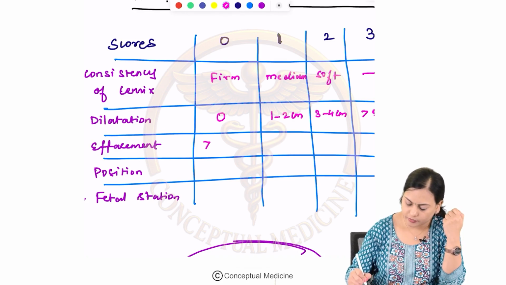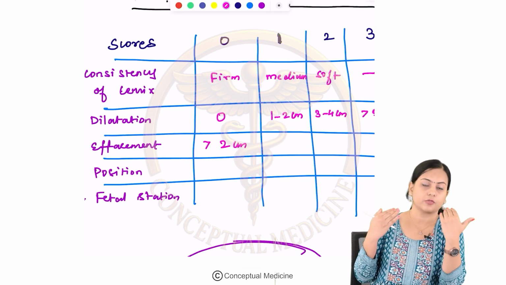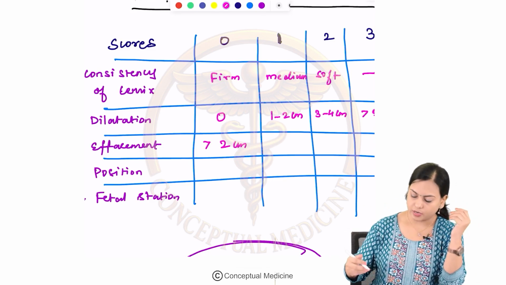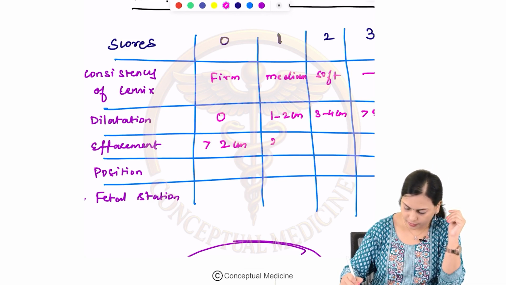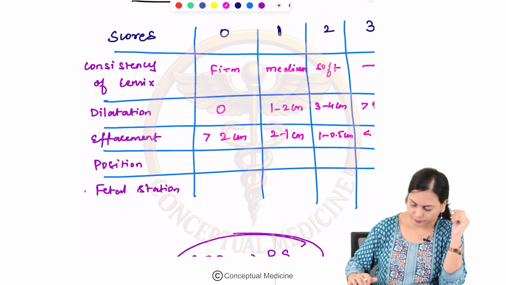So, first it will be more than 2 centimeters and effacement means taking up of the cervix into the lower uterine segment, right? So, obviously the effacement is going to reduce. So, it will reduce like this: 2 to 1 centimeter, 1 to 0.5 centimeter and then less than 0.5 centimeter.